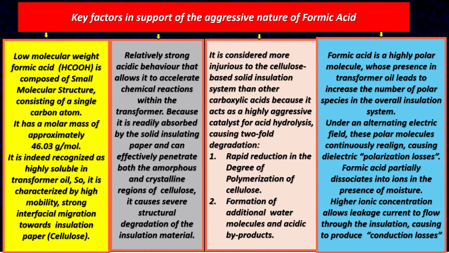It has a molar mass of approximately 46.03 grams per mole. It is indeed recognized as highly soluble in transformer oil. So, it is characterized by high mobility and strong interfacial migration towards insulation paper, that is, cellulose.